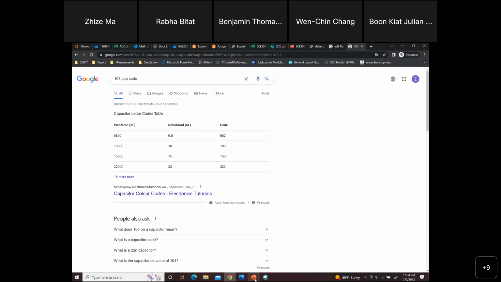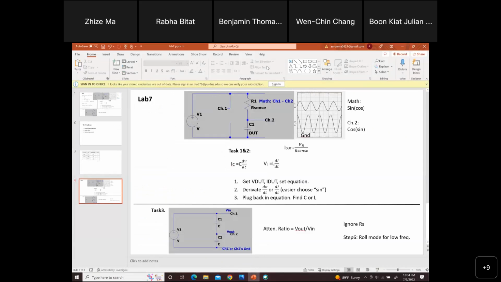There is a question about what's the difference between the differential probe and the single-ended probe of the scope. The scope has two kinds of probe: the first one is single-ended, and the second one is differential. Let me share my screen. With the differential one, you can measure the voltage of a component that's not connected to ground.